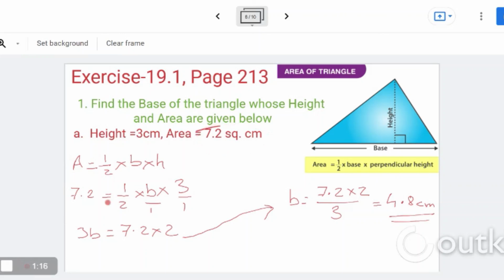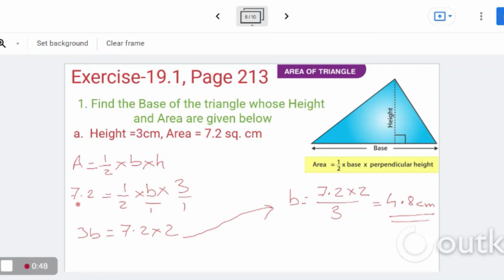7.2 equals half is written as half. See, I don't know the base, so I kept the base as b itself. And my height is 3. Since 1 by 2 is a fraction, I have made 1 the denominator for 3 also. Now it is time for cross multiplication. Now see how it is done. 3 into b is 3b.